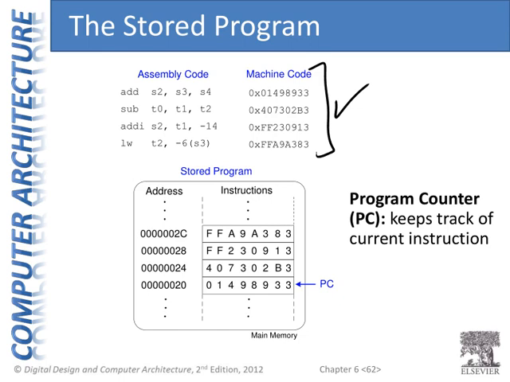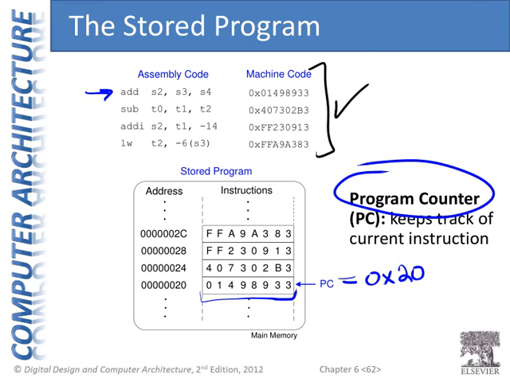But the PC, the program counter, or PC, keeps track of the current instruction. In this case, the PC would be equal to hex 20. It keeps track of the address of the current instruction. It starts with the first instruction, this add instruction, which is encoded like this. We'll talk about that in a moment.